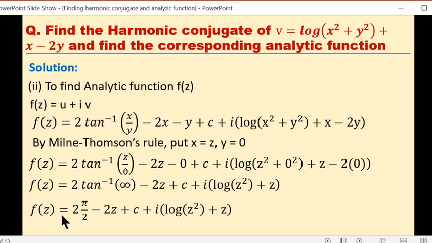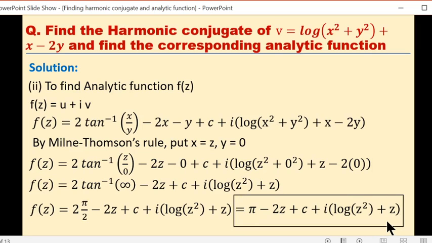So, this gives us f of z equal to 2 into pi by 2 minus 2z plus c plus I times log of z square plus z. यहाँ पर ये z और ये z cancel हो जाएगा. So, we get the final answer as f of z equal to pi minus 2z plus c plus I times log of z square plus z. So, this is the corresponding analytic function.